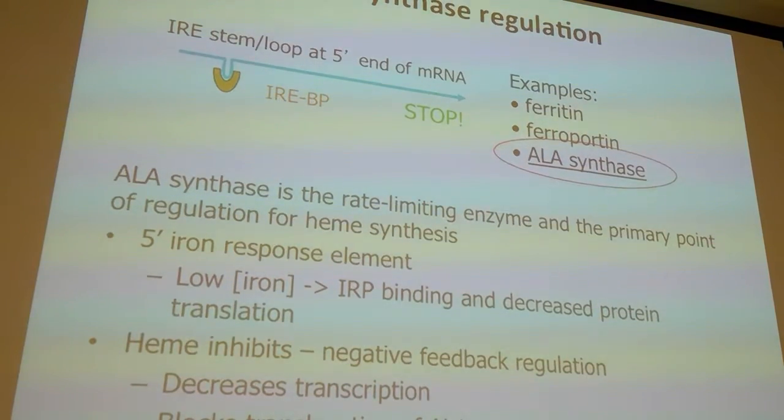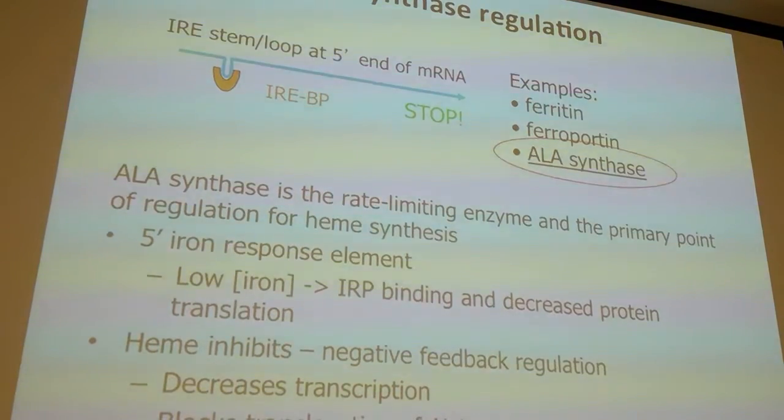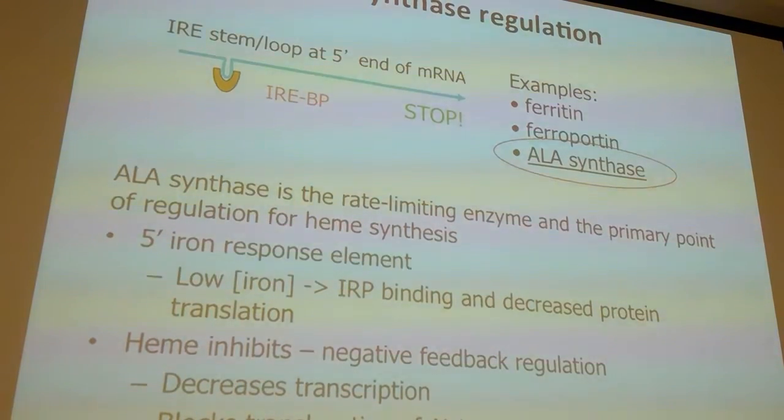So under conditions of low iron levels, the IRP will bind this 5' iron response element in the transcript and decrease translation. So low iron, you'll get low amounts of this enzyme, and you'll get lower production of heme because there's not enough iron. Right? That makes sense.